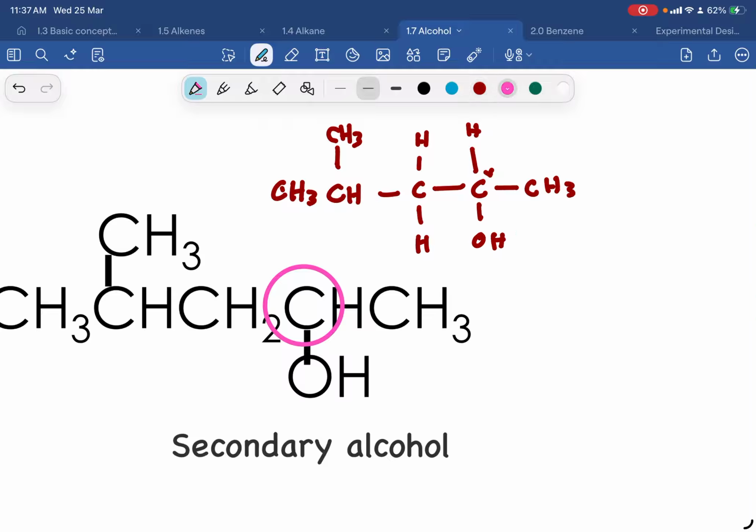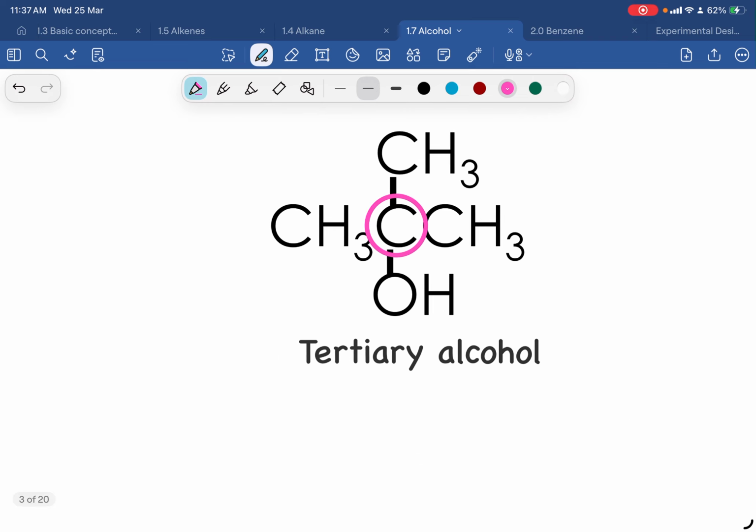Please open up your structural formula. Here you can see that your carbon of interest is attached to another 2 carbon, which makes it a secondary alcohol.